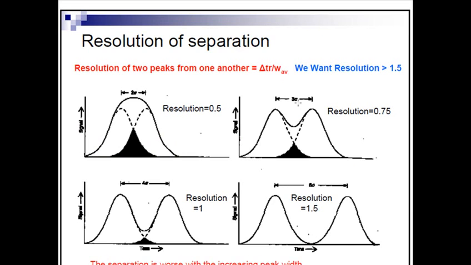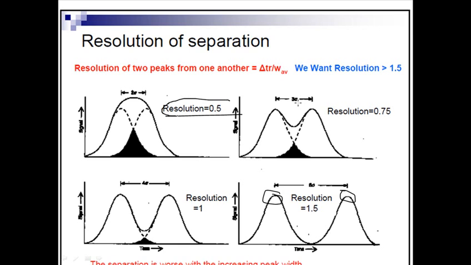Now let's talk about the resolution of a separation. Resolution of two peaks from one another is the resolution of the separation. Whenever we have distinct peaks isolated like this, we can say that the separation between these two different analyte molecules is greater than for the peaks found here, and greater than that, because this is the worst.